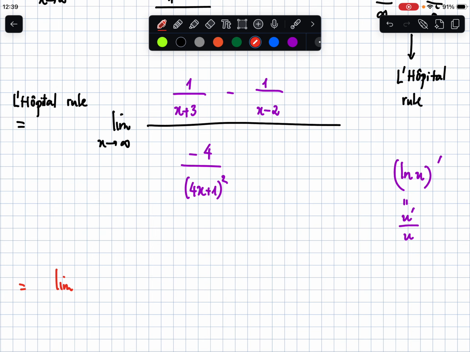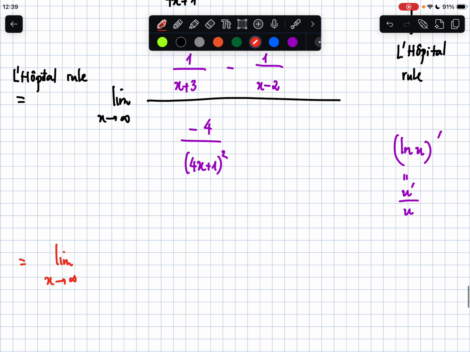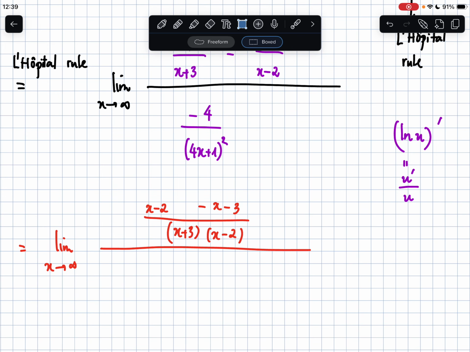Limit as x tends to infinity of, now when you compute that, I compute the numerator: x minus 2 minus (x plus 3) over (x plus 3) times (x minus 2), and down there you have this, you can multiply by the reciprocal.